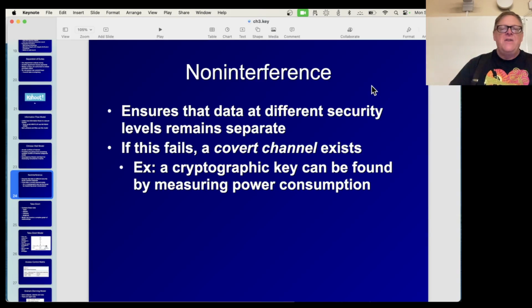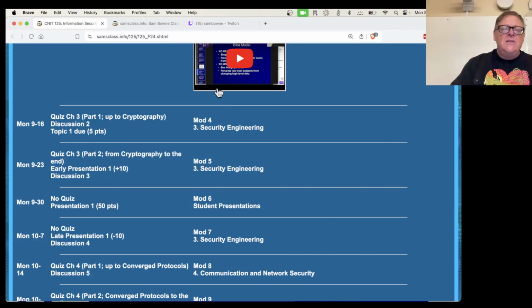So this is an example of a covert channel where some low security information, like the power consumption, reveals high security information. That's a failure of non-interference. You would like it to be that all the operations related to top secret do not have any effect on operations at other levels, like secret and unclassified, and if they do, then you've got a covert channel, all right, or a side channel.